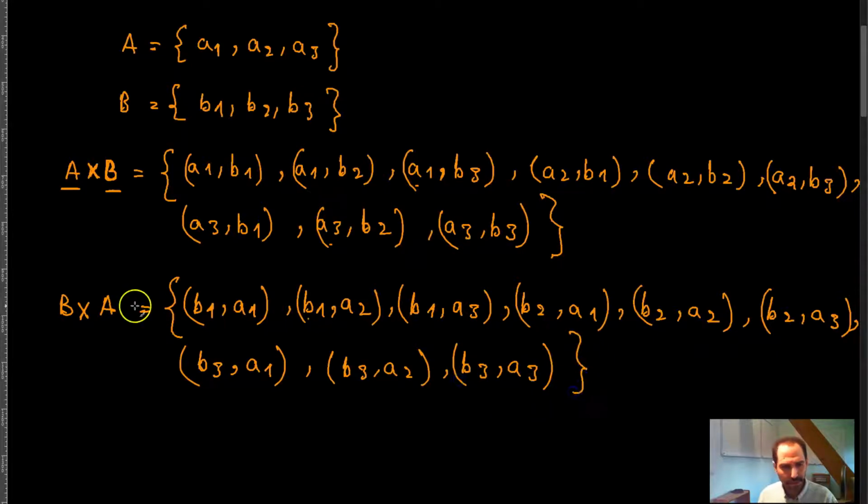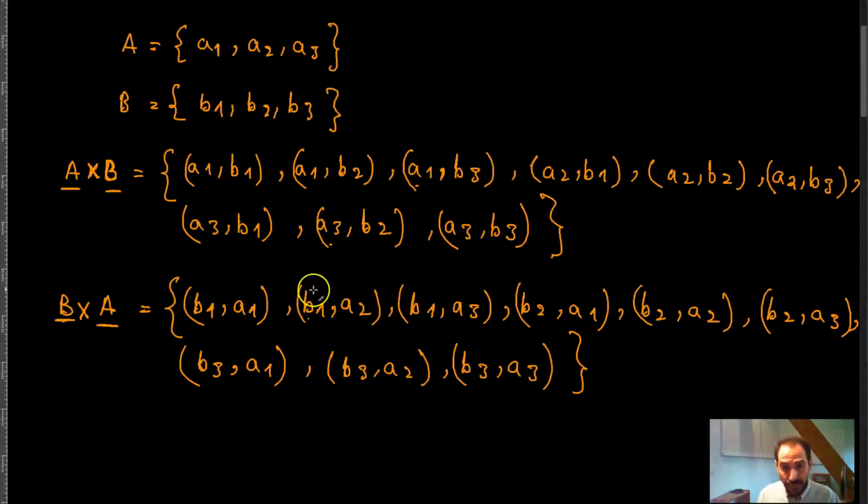And that is going to be the Cartesian product of B and A. As you can see, you get 1, 2, 3, 4, 5, 6, 7, 8, 9 ordered pairs here. In each ordered pair, the first element is from the set B, because B comes first here, and the second element comes from the set A here, right?